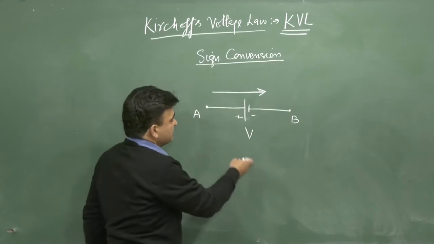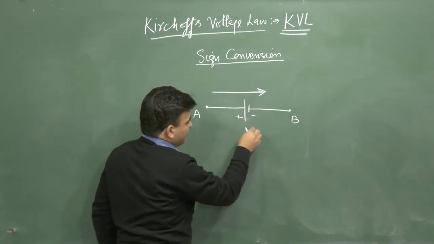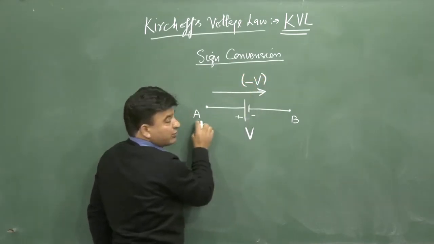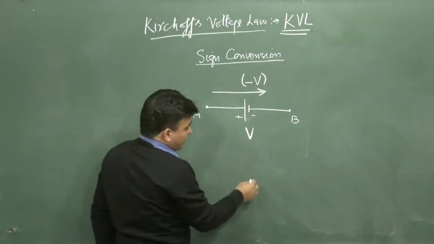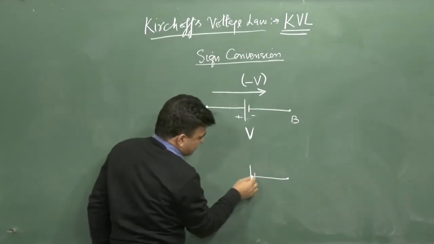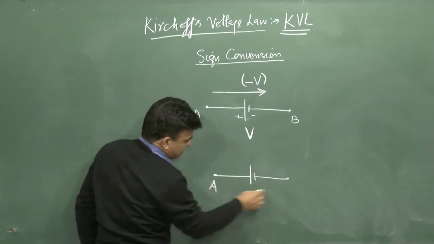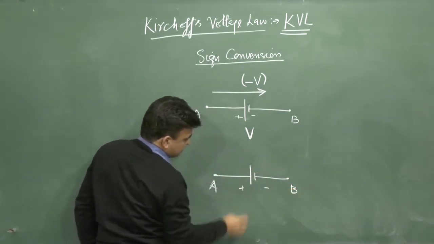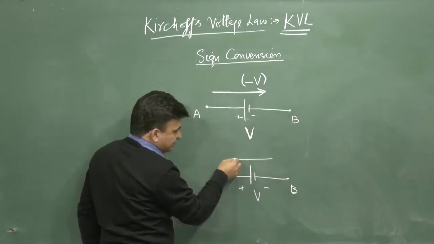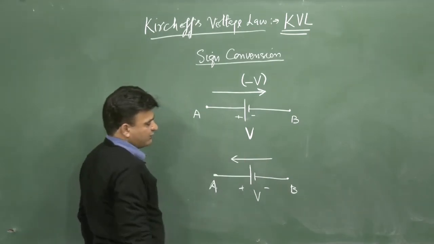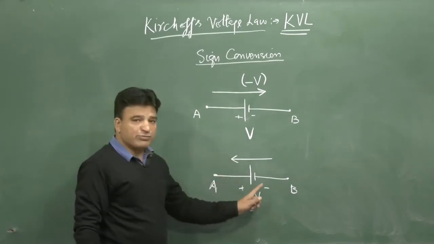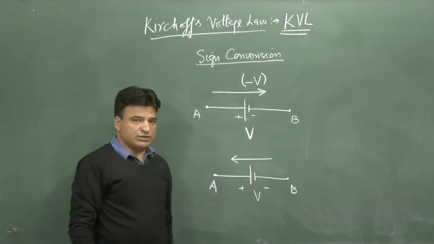So this voltage V will be taken at that instant negative, as you are moving from A to B. Now, if the battery is as it is between the points A and B, this is negative terminal, this is positive terminal of the battery of value V, and our motion is from B to A. If we are moving like this, our motion is in this direction, there we are moving in the increasing potential.